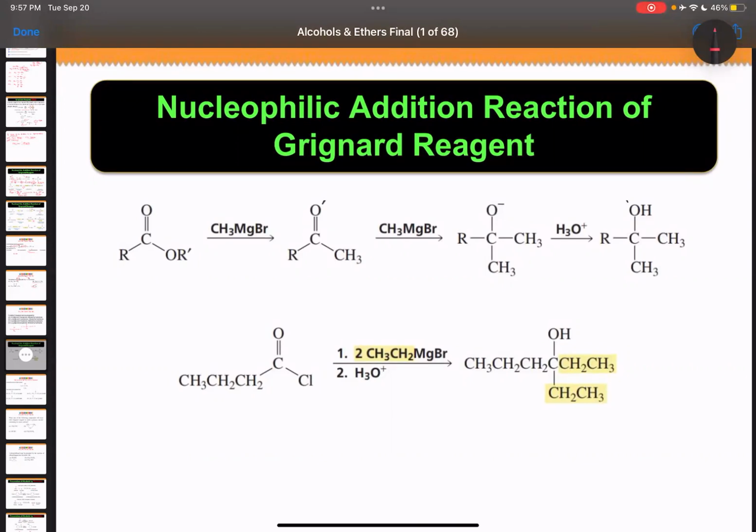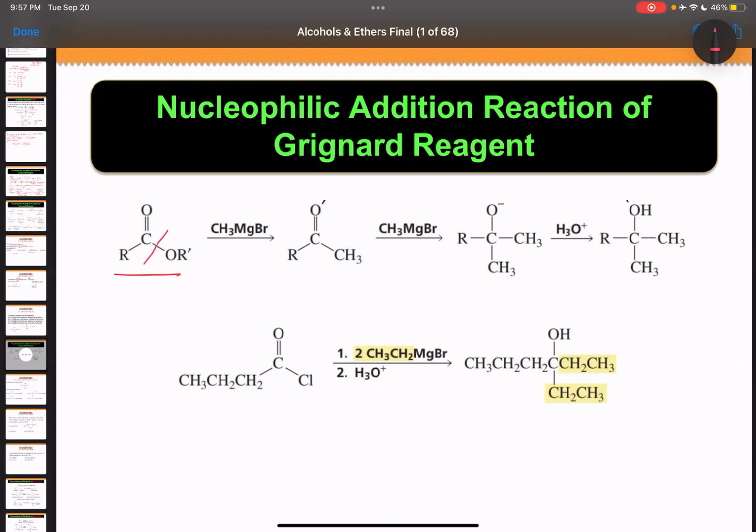So what will happen if you react a Grignard with an ester or acid chloride? Sir, the carbon oxygen double bond. In the carbon which is attached to the oxygen via a double bond, the alkyl group of that reagent will attach, and that carbon oxygen double bond will become a carbon hydroxyl group.